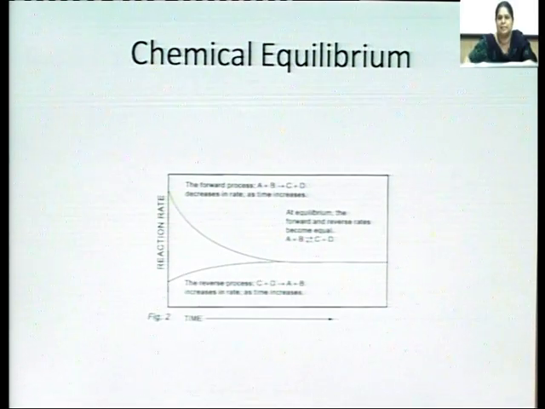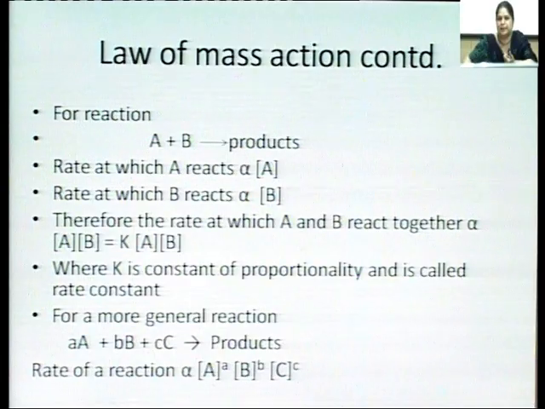We can define equilibrium as the state at which the measurable properties of the system become constant. When we say measurable properties of the system become constant, we mean the temperature of the system remains constant, the pressure remains constant, and the concentrations of all the reactants as well as the products become constant.